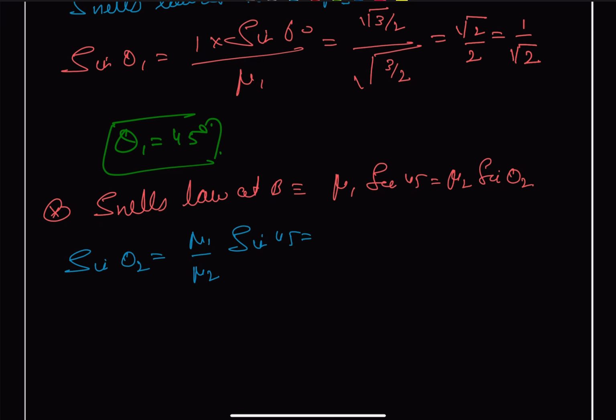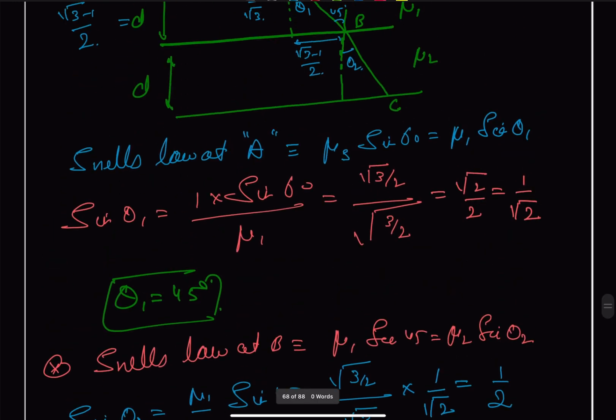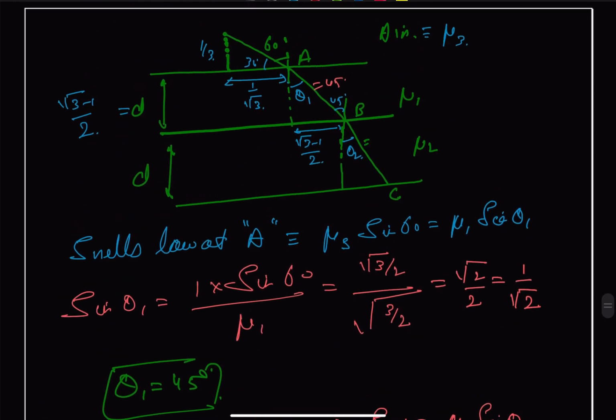Mu1 is given as square root of 3 divided by 2, mu2 is given as square root of 3, and sine of 45 is 1 upon square root of 2. So this comes as 1/2. Therefore θ2 will be equal to 30 degrees.